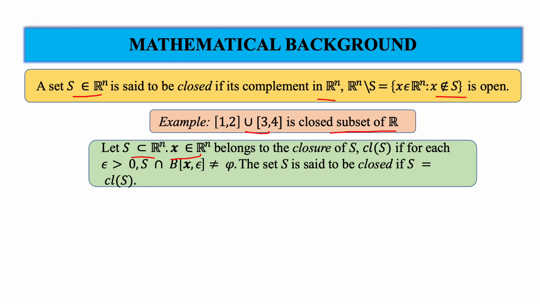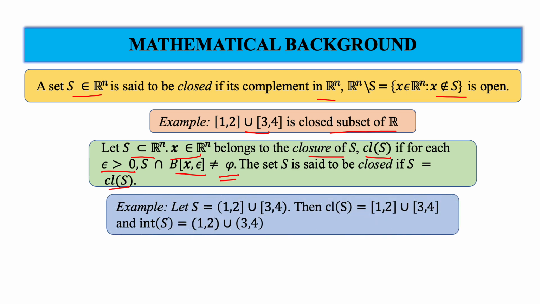Then x belongs to the closure of S, which we denote by cl S, if for every epsilon greater than 0, the intersection of S with the closed ball of radius epsilon around x is not empty. The set is closed if and only if S is equal to the closure of S.